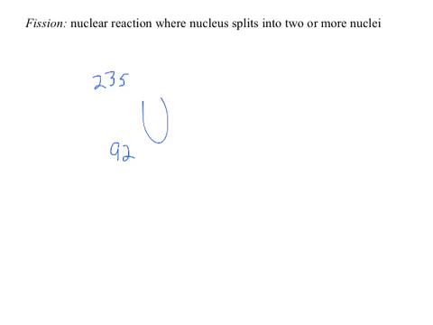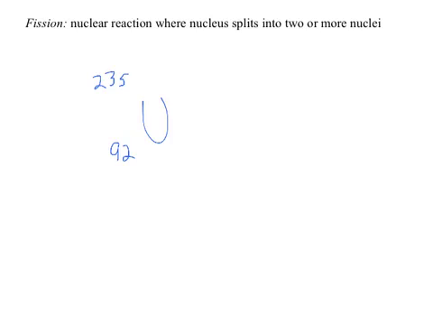Now, if you were to bombard this with a neutron, like a single neutron, what is a neutron, first of all? How would I write that? Does a neutron have any atomic number? It's all just one AMU, one atomic mass unit, good, but no atomic number, right?